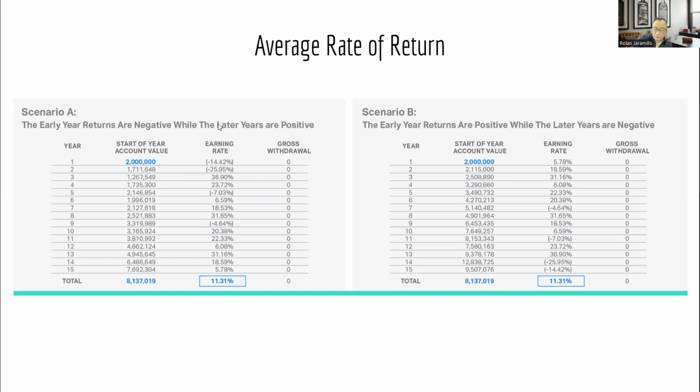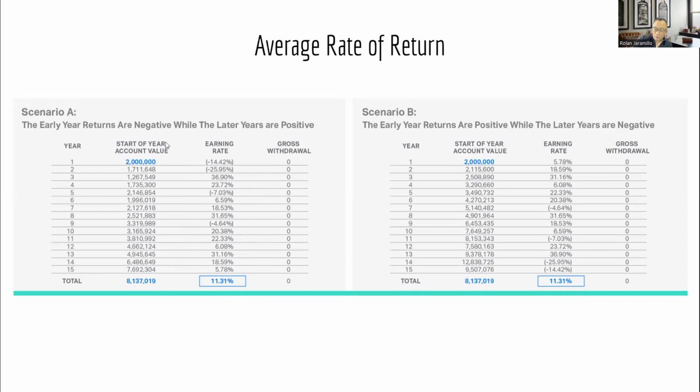There's two scenarios here, scenarios A and B. Both will start with a $2 million portfolio showing an average rate of return within a 15-year span of 11.31. So you're starting off with 2 mil. At the end of 15 years, you have 8.137 million in your portfolio based on this sequence of returns here.